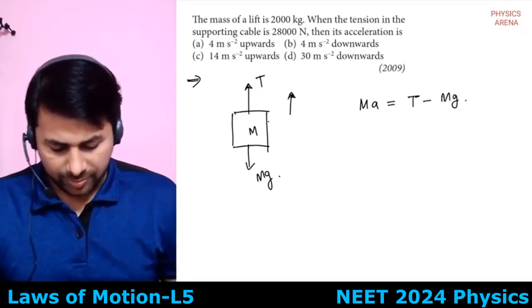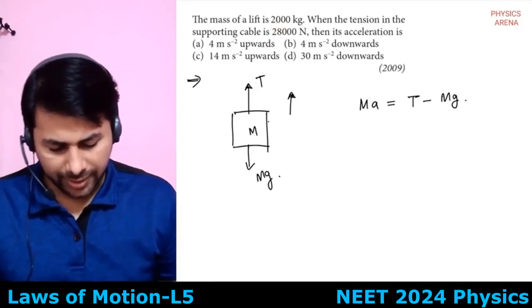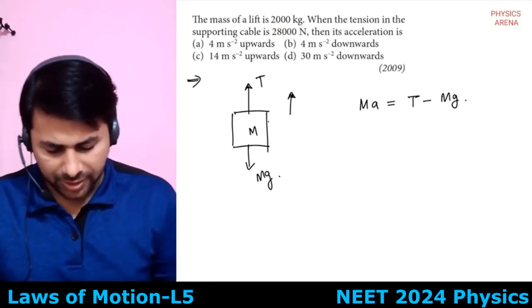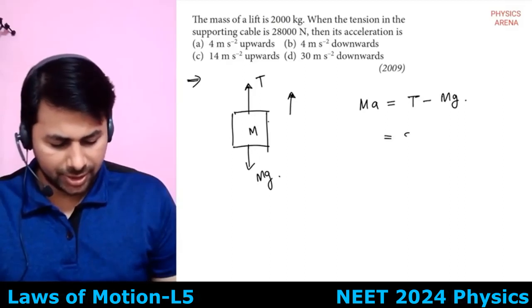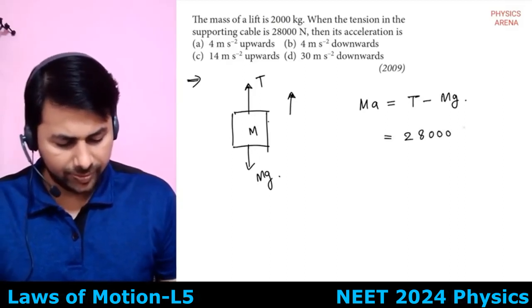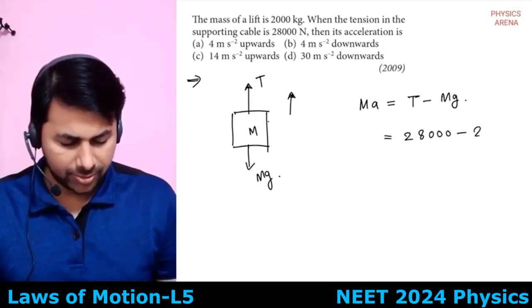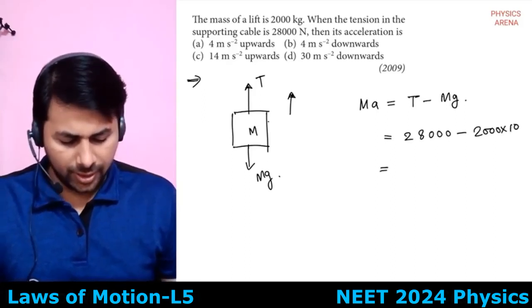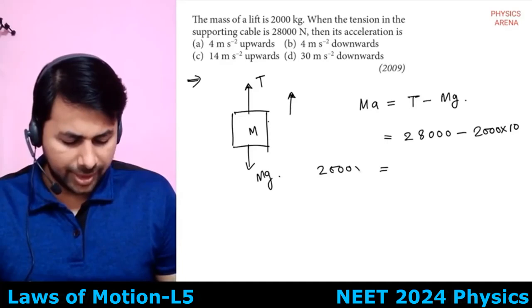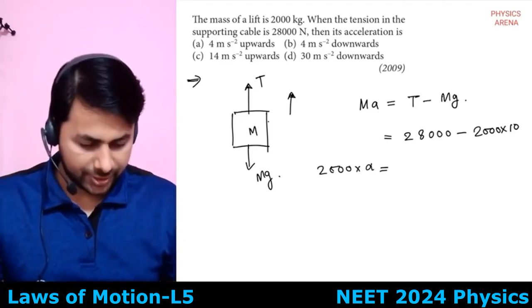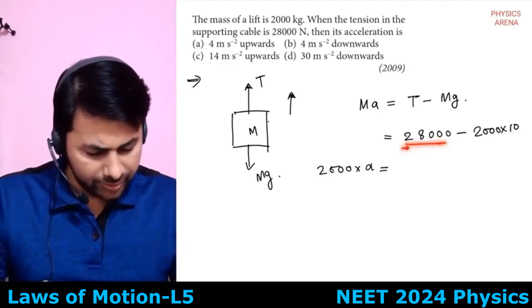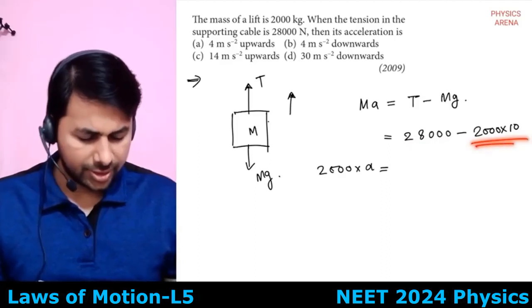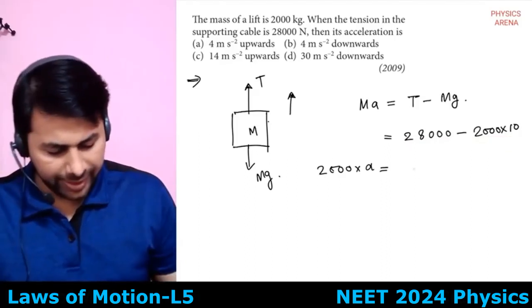Its mass is given, and the tension is given. So we can put the tension as 28,000 newton minus mass 2000, g is 10, equal to 2000 multiplied by acceleration. This is 28,000 minus 20,000, so this will be 8,000.